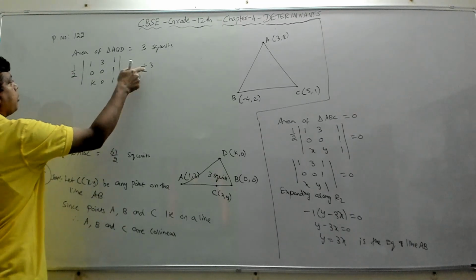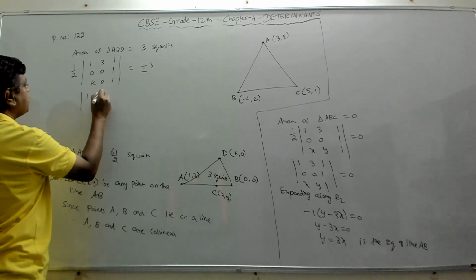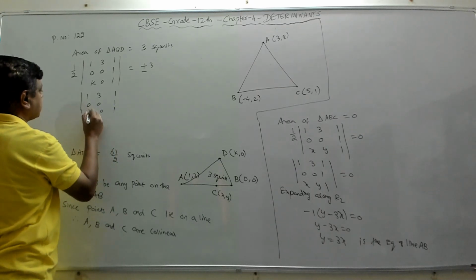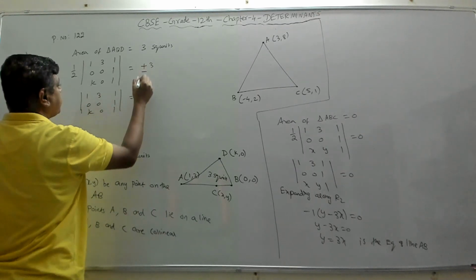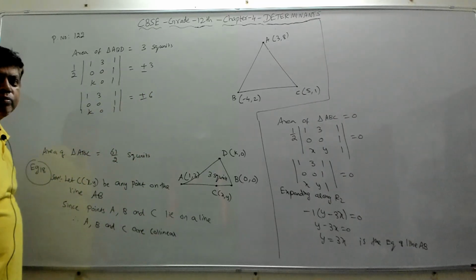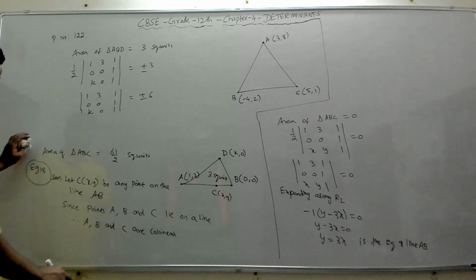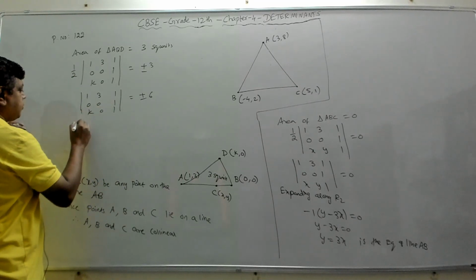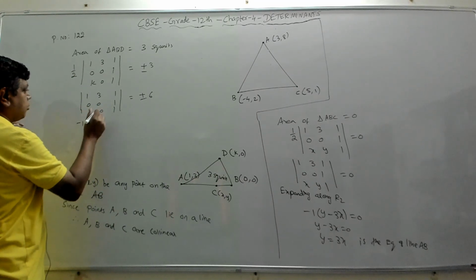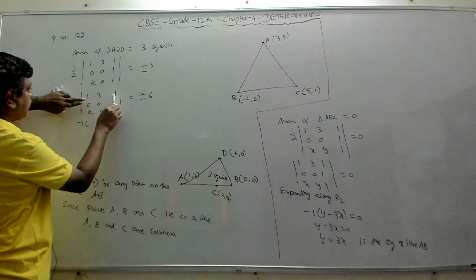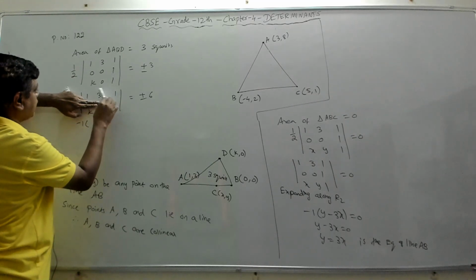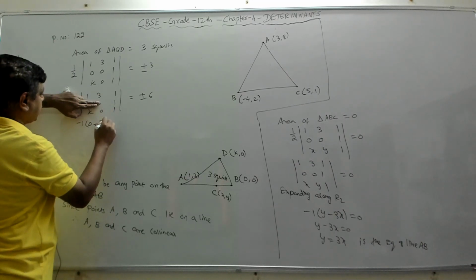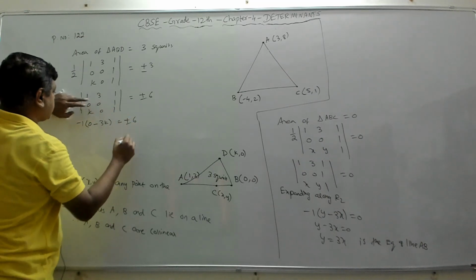Now this 2 will go here, so it will become determinant of 1, 3, 1, 0, 0, 1, k, 0, 1. That is equal to plus or minus 6. So now if you expand this using R2, then we'll get minus 1 into, this is minus 1, because if you close this row and this column, 1 into 0 is 0 minus k into 3 is 3k, equal to plus or minus 6.